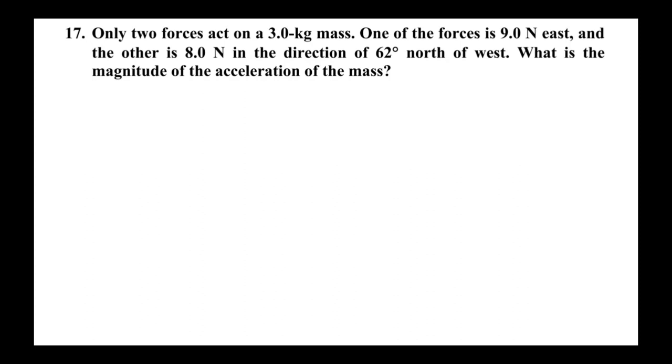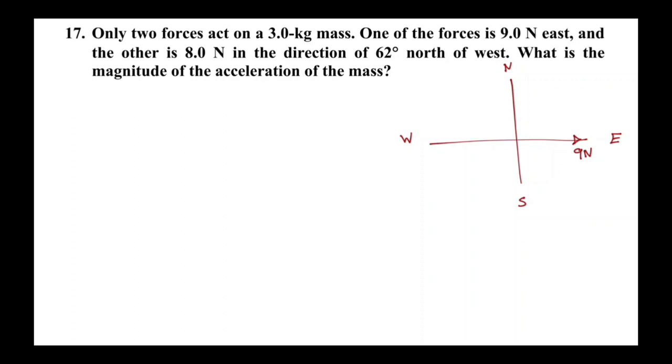Now to solve this one, let's just have a quick sketch. Here we have a force directed to the east with magnitude equal to 9 newtons, assuming that this is the east, this is the north, this is the west, and this is the south. Now the other force is 8 newtons in the direction of 62 degrees north of west.